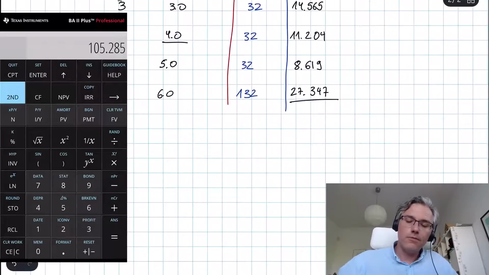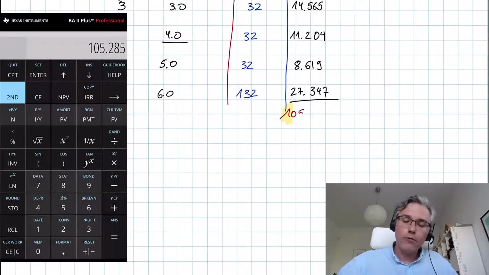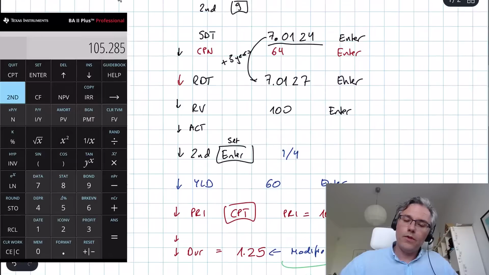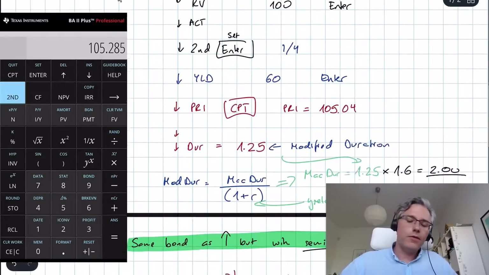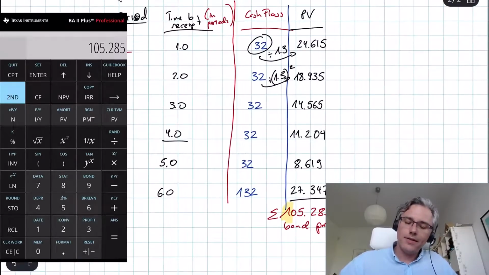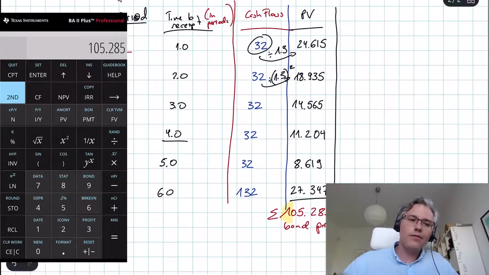Of course you could trust me, but I want you to be confident how this is done. 105.285, that's the total, and this will be the bond price. It's slightly different to the price we had before when we were assuming annual coupons, very similar, but nevertheless slightly different. Now, those all important weights.